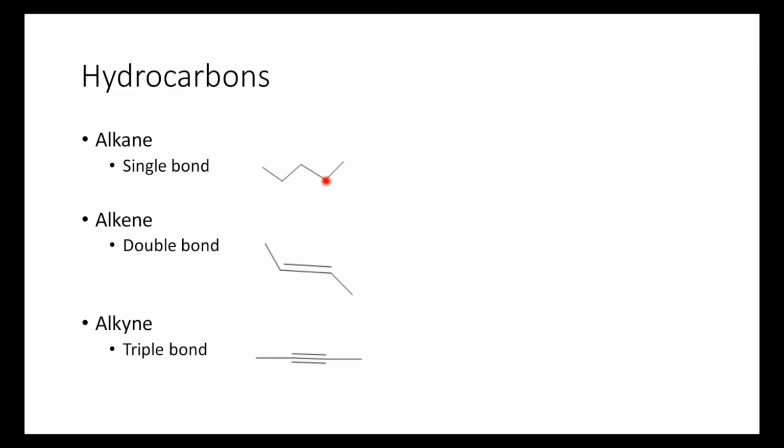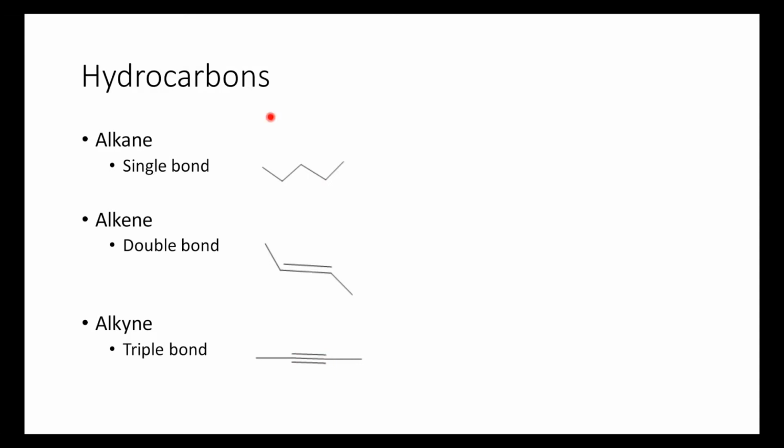This is different from an alkene, because alkenes have double bonds between carbons. You can see that between this carbon and this carbon, there is a double bond. And then alkynes have a triple bond between carbons. So between this carbon and this carbon, there is a triple bond, okay?